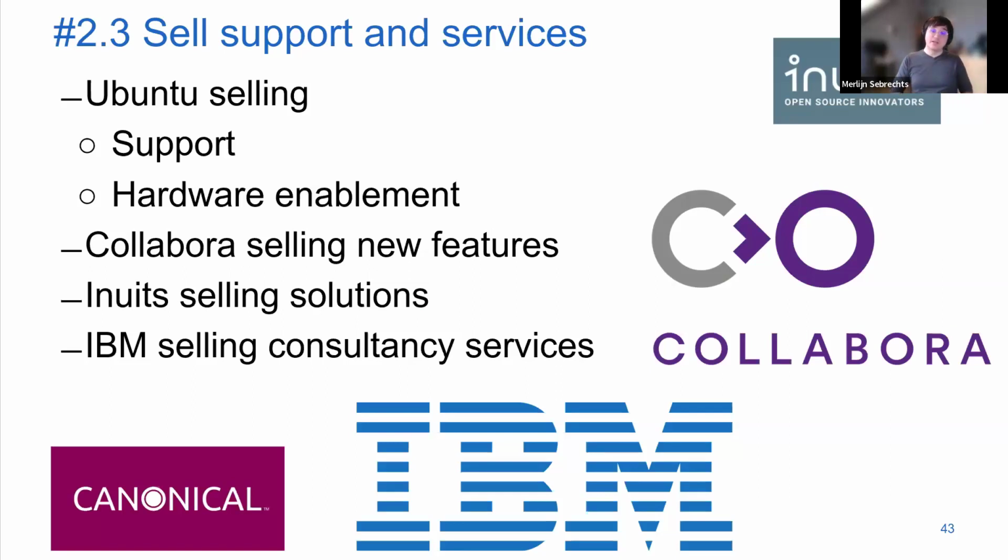Canonical, the company behind Ubuntu, is a large contributor to the Linux kernel, specifically in order to make the Linux kernel work on newer hardware. And this is because a lot of laptop vendors, for example, go to Canonical to ask them to update the Linux kernel so that it can run on the latest hardware.